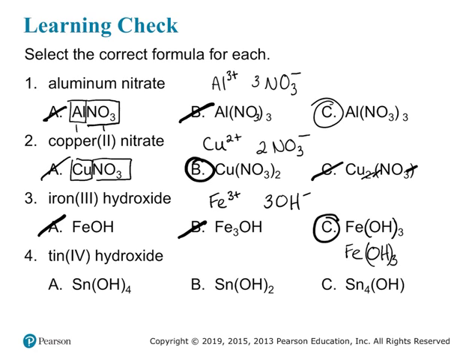All right, what about 4, tin 4 hydroxide? So tin has the chemical symbol Sn, and it has a 4 plus charge in this case. And then we already saw OH has a -1 charge. So which option down below is correct?